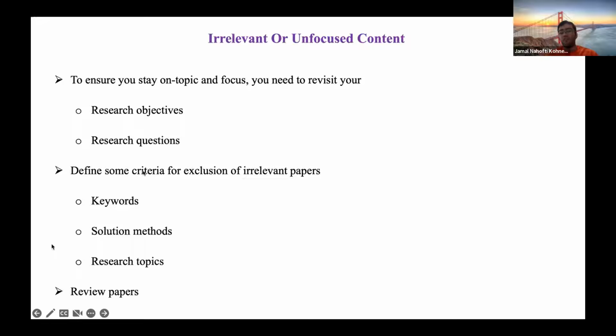For avoiding irrelevant or unfocused content, you need to focus on your research objectives and research questions. Firstly, you need to define the research objectives and research questions when you want to do a study, and you can ask your advisor or your mentor to help you. Based on that, you need to stay on that topic to avoid any irrelevant or unfocused content.